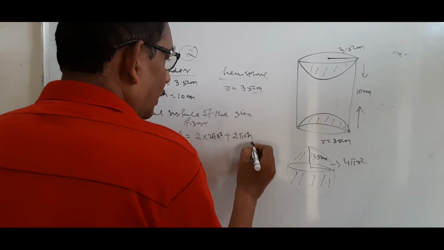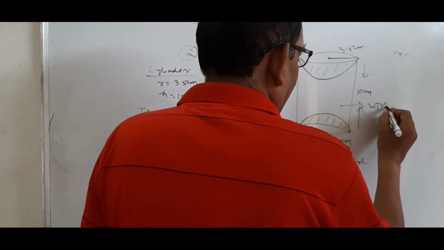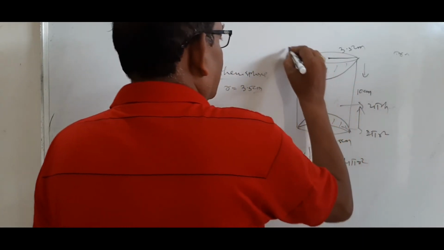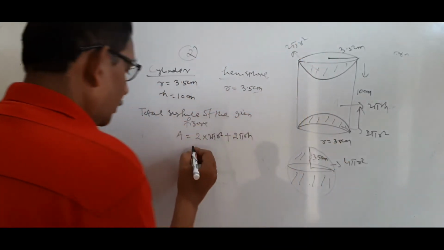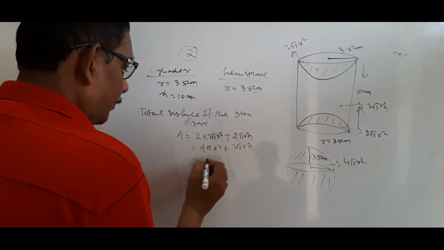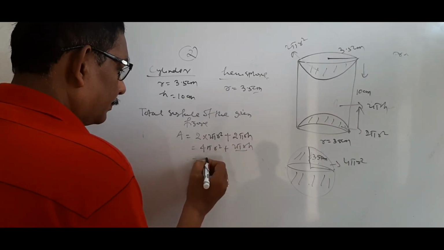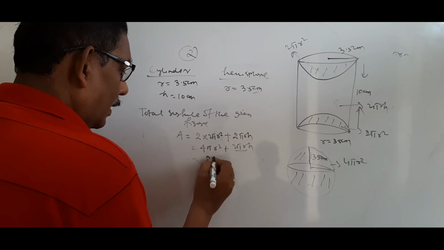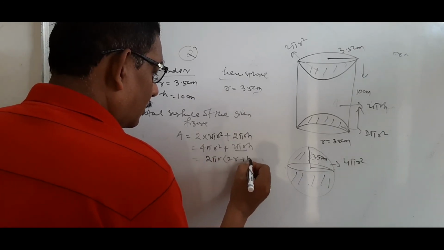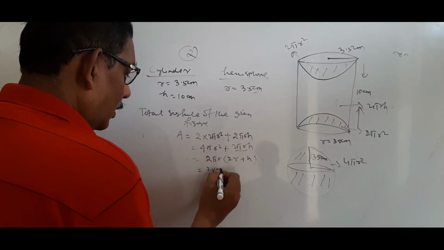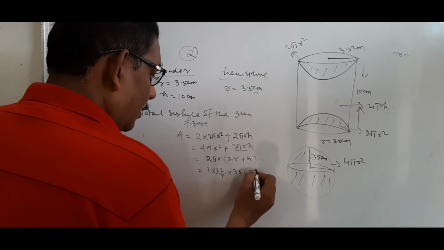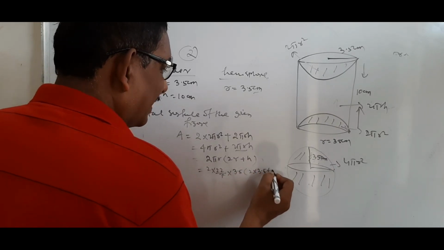So 4 pi r square plus 2 pi r h. Taking 2 pi r common, 2 pi r into 2r plus h. 2 into 22 by 7 into 3.5 into 2 into 3.5 plus h, which is 10.